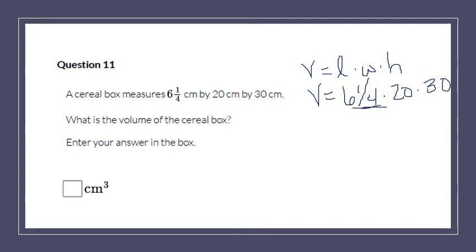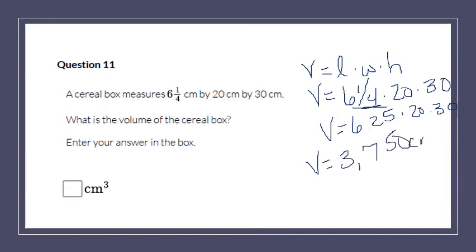So I'm going to turn this into a decimal just so that it's easier to plug in. 6.25 times 20 times 30. When I multiply, I get that the volume of the cereal box is 3,750 centimeters cubed, or cubic centimeters.